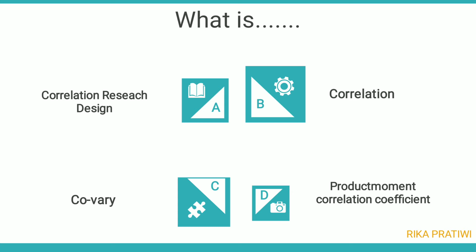Co-vary itself can predict a score on one variable with knowledge about the individual scores on another variable. The product moment correlation coefficient is the statistic that expresses a correlation as a linear relationship, also called bivariate correlation.